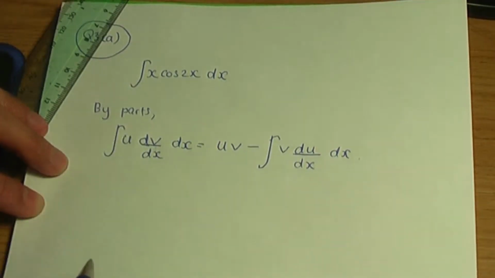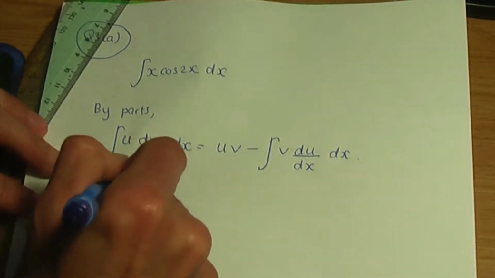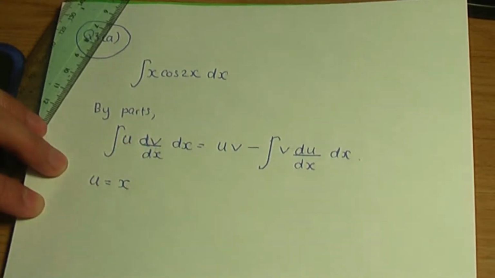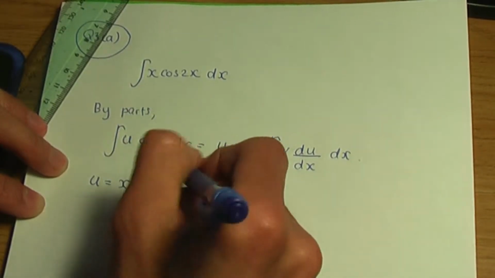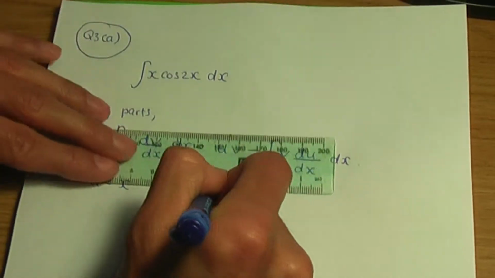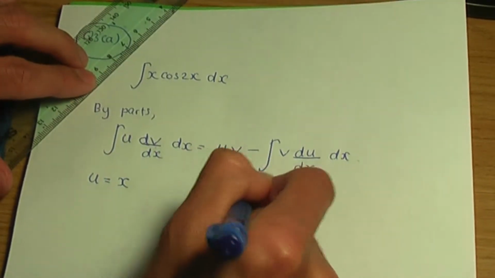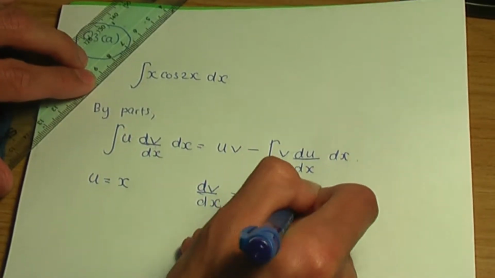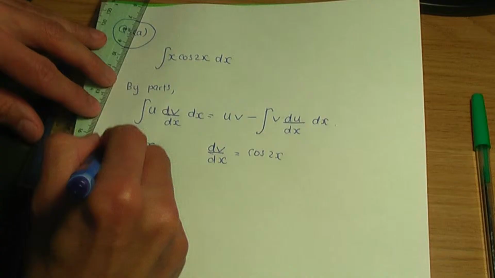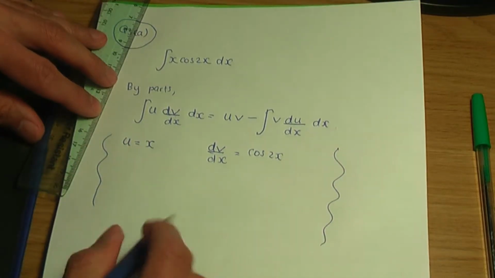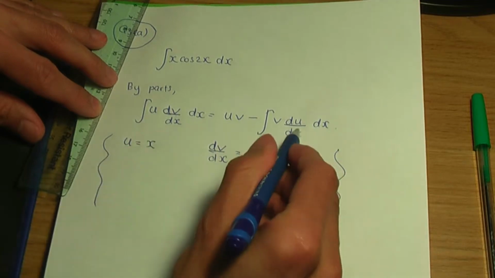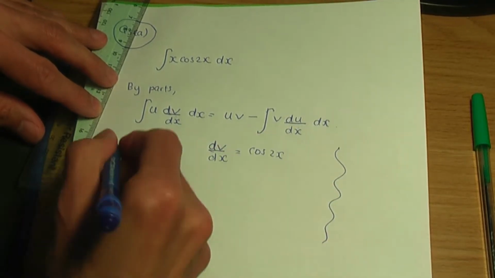Now I usually take u to be the x term, so I'm going to take u to be x, which means that my dv over dx is the remaining term. Dv over dx here is cos 2x. So let's continue with the side calculation. We need du over dx and we also need v.